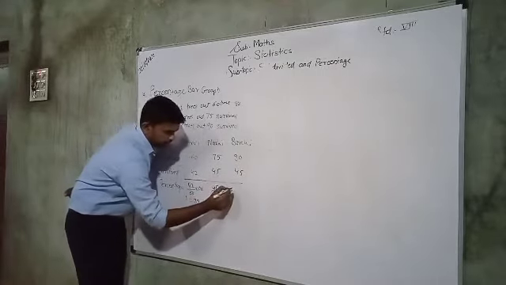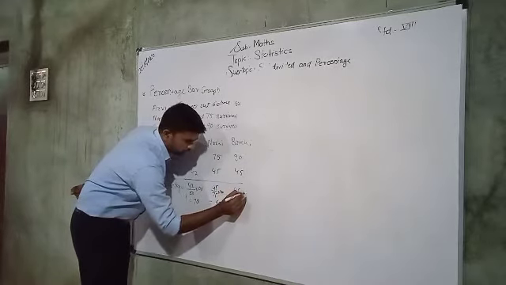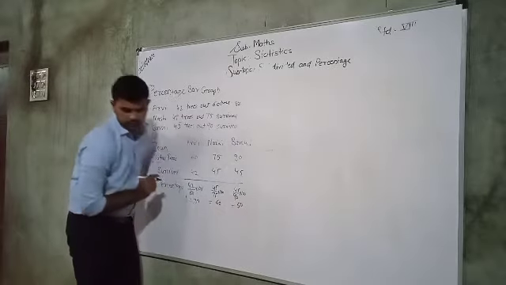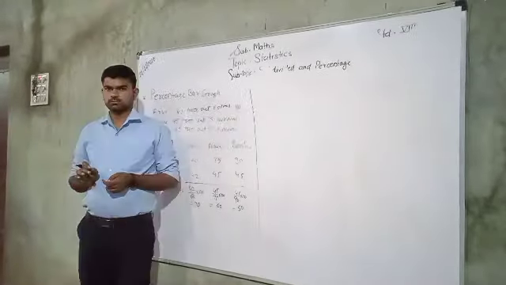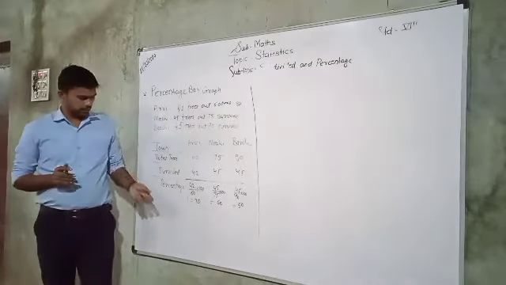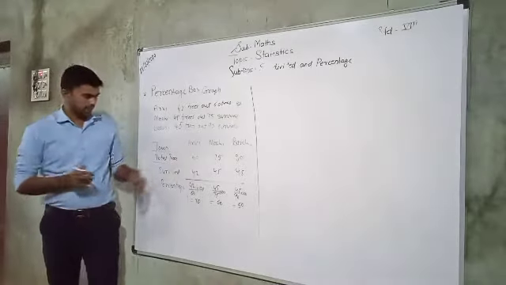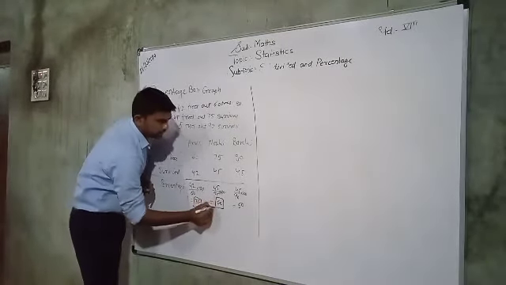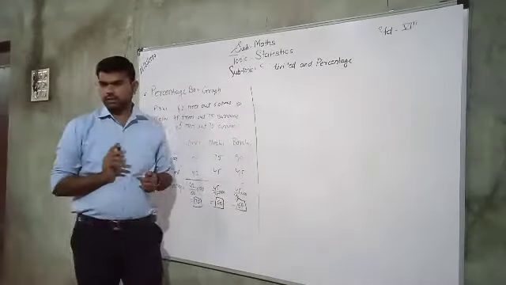And here 45 by 90 into 100 will come to 50. So till now what have we calculated? The percentage in Arvi 70, in Morshi 60, and in Barshi 50. Now we have to draw the graph.